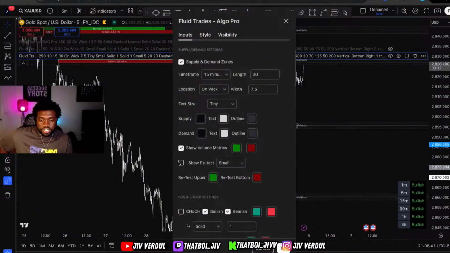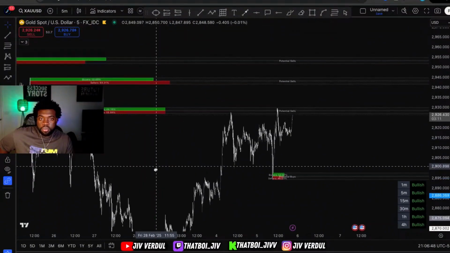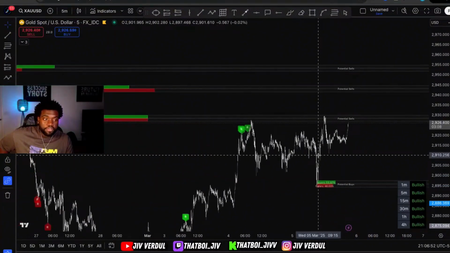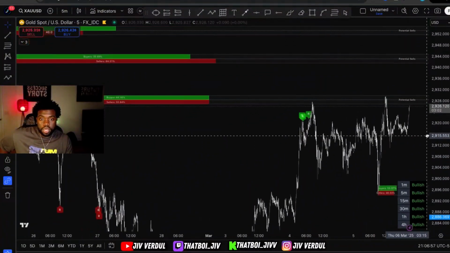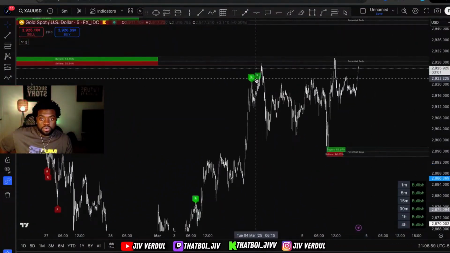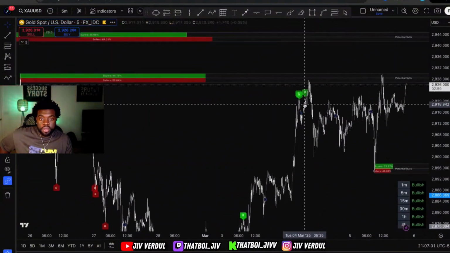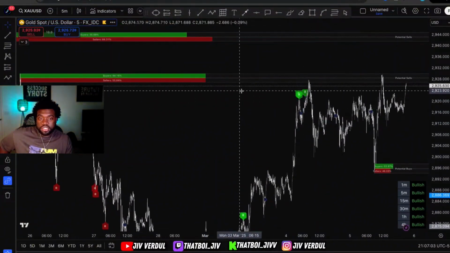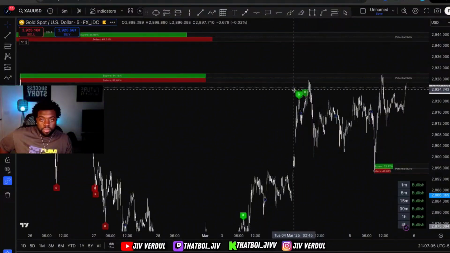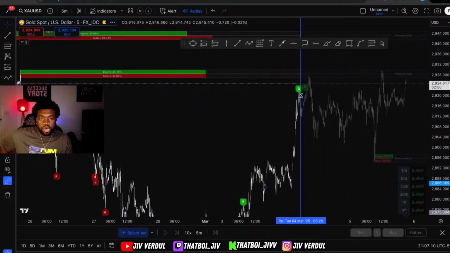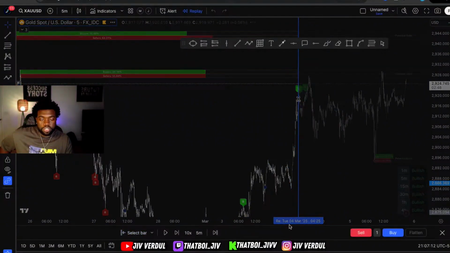We also added the show retest. So now we're able to see retests in the market, right? And we also have alerts for those retests. For example, here, we have multiple retests indicating that price had retested this area more than once. So if we go back in time, let's just say right here before the first retest.